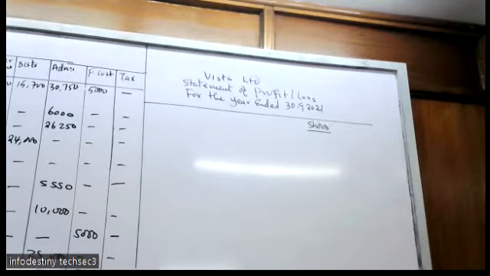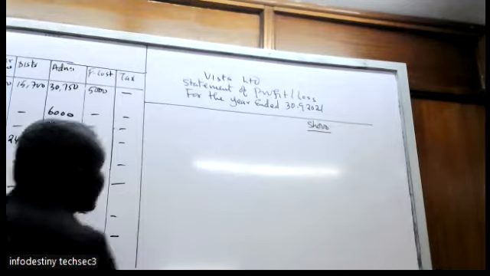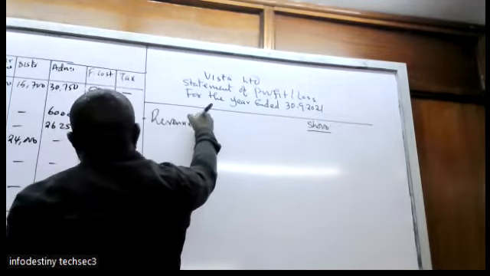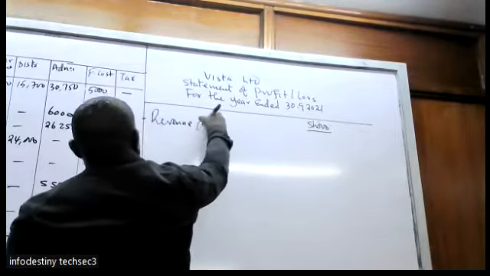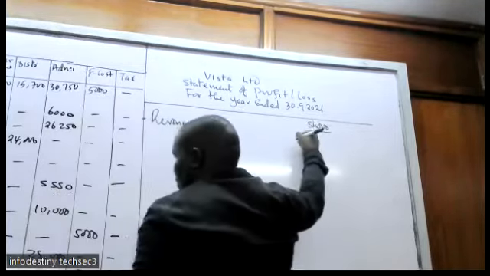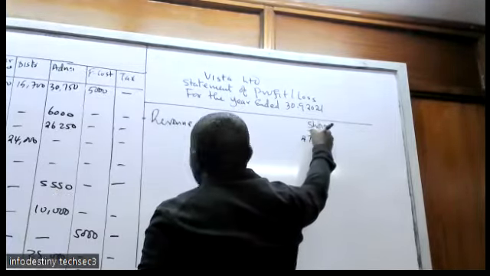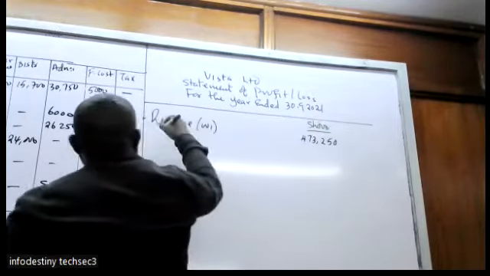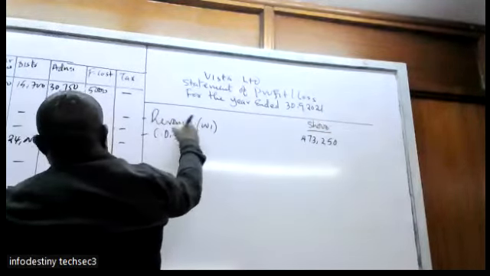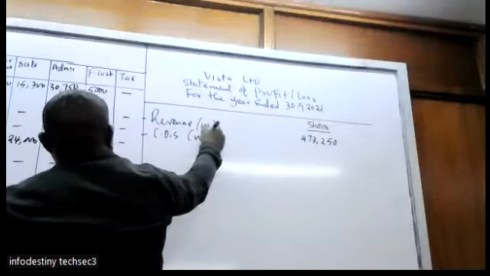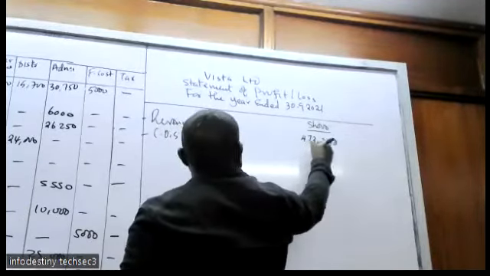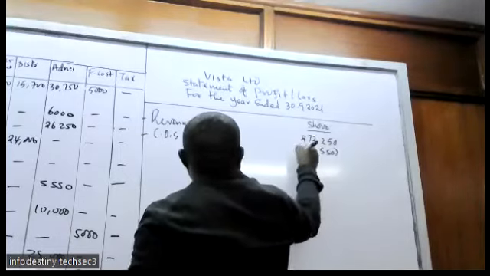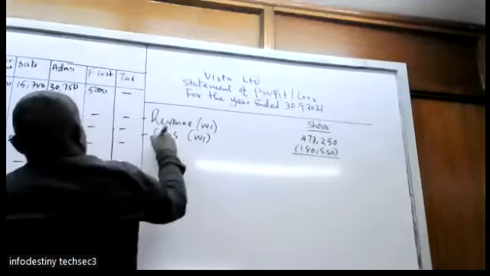We kick off. Revenue, working one. Cost of sales. Or gross profit.